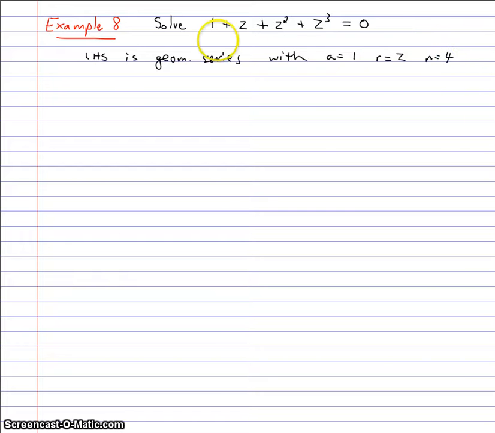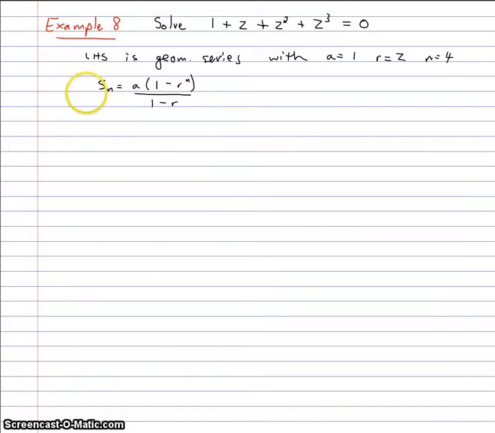Now that's helping us because we remember that the sum to n terms of a geometric series is given by a times 1 minus r to the n, over 1 minus r. So that expression can be used in place of the left-hand side of our equation.